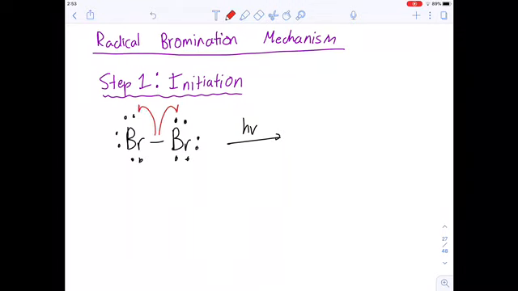And what happens is that the bond separates in half, where 1 electron goes to the left Br and 1 electron goes to the right Br. It's very important to note that the half arrow is the movement of 1 single electron, not both. Okay? So then you end up with 2 Br radicals.